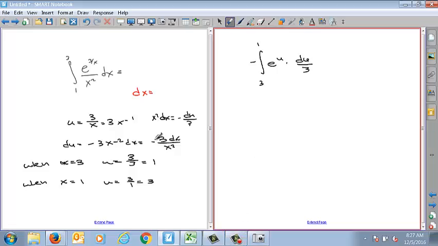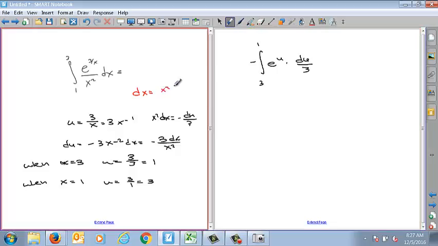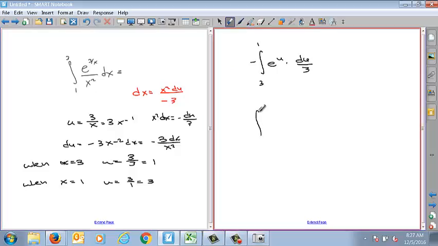Okay, so what you would do here to solve for dx is multiply both sides by x squared. So we'd have x squared du divided by negative 3. So when you go to substitute, you would have the integral from 3 to 1 of e to the u over x squared, and dx would be equal to x squared du divided by negative 3.